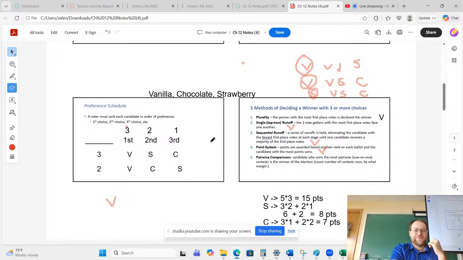So then vanilla would be the winner from this. So because of our voting here, no matter how you looked at it, vanilla wins for this group.